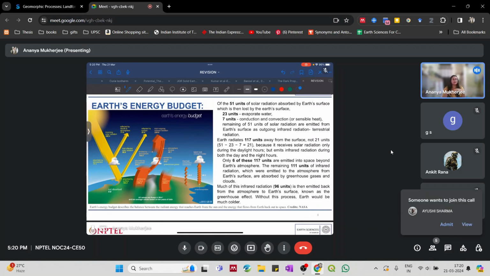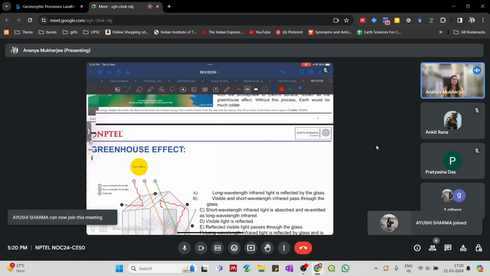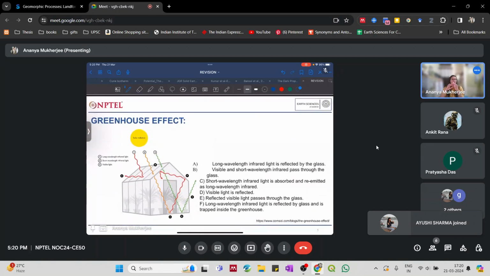So when it is re-emitting back to the atmosphere, if this gets trapped between the atmosphere and the Earth's surface, it tends to raise the temperature of the Earth's surface as well as the Earth's atmosphere. So that is when your greenhouse effect comes into play.